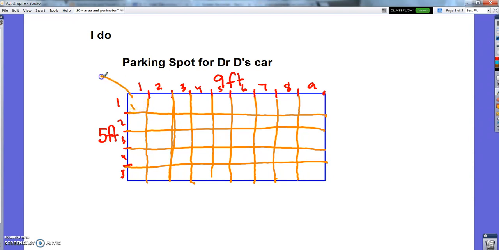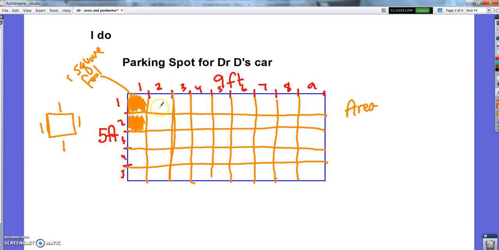And so each of these tiles on the inside helps me find the area, because this is 1 square foot. It is a 1 foot by 1 foot square. 1 foot, 1 foot, 1 foot, 1 foot. So it's a 1 square foot tile, this right here. And so to find the area of my thing, I just count up my 1 square foot tiles.